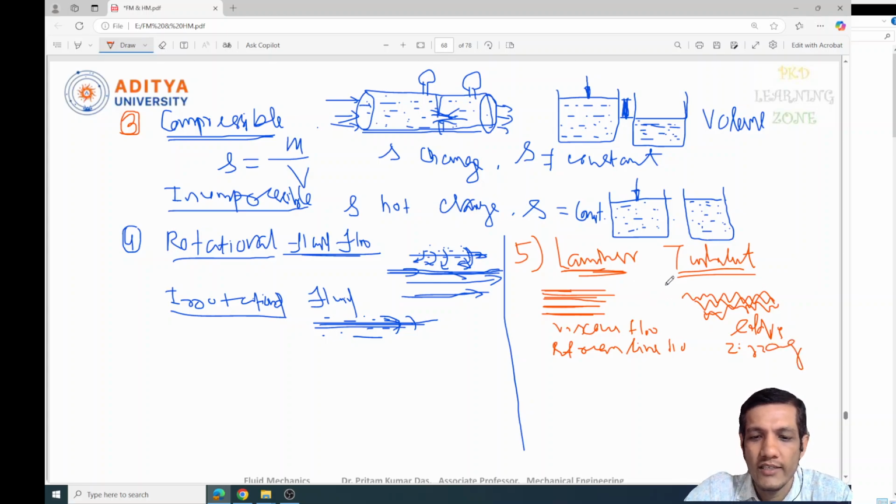That is a turbulent flow, and mostly there is a lot of energy loss in turbulent flow.